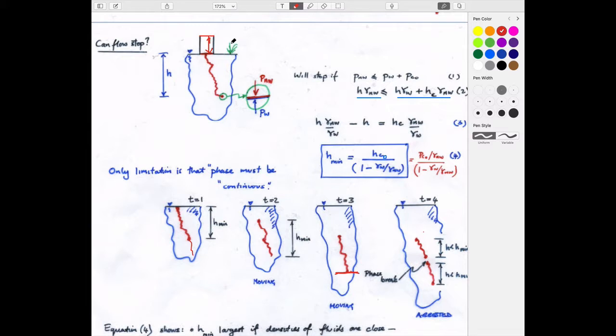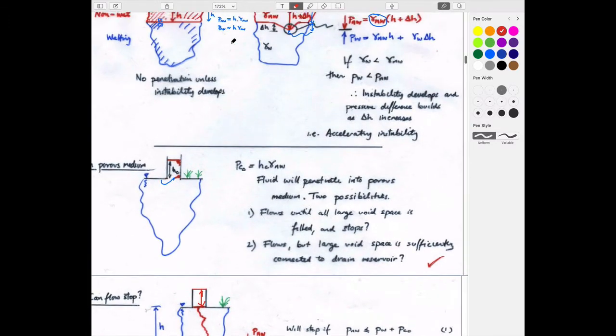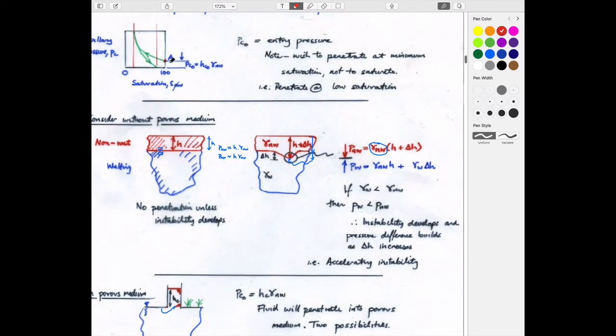So that's one thing. But it turns out that there are two equations that we've described that say something about this process. The first one is that if the height is greater than HC0, and HC0 is related to the bubbling pressure, which we can always calculate. So this is a physical property of your aquifer.